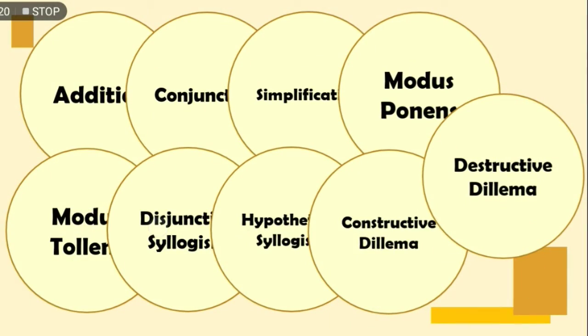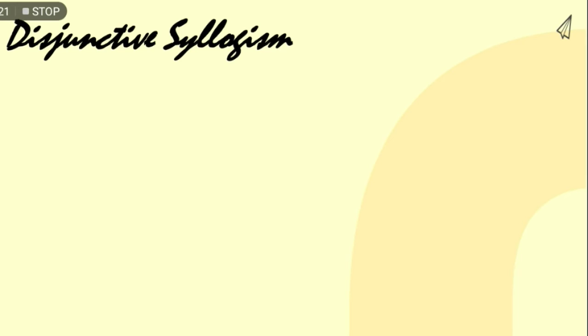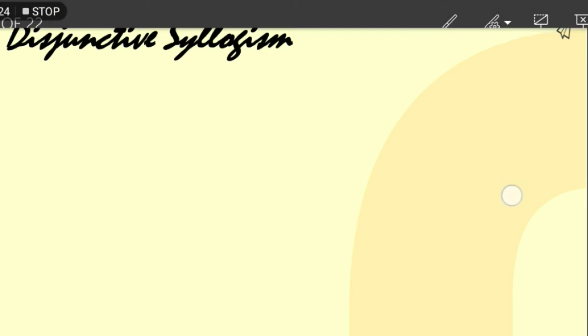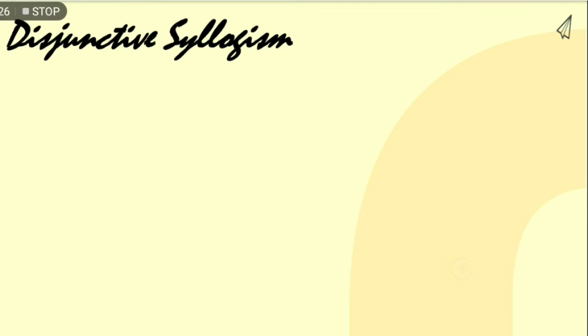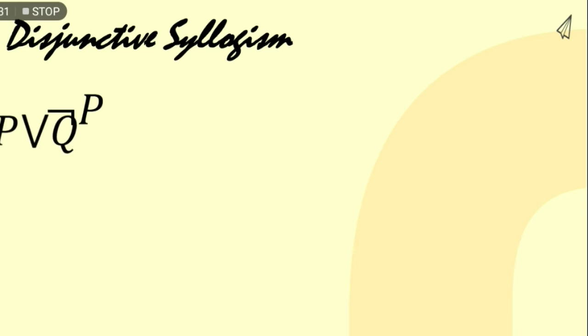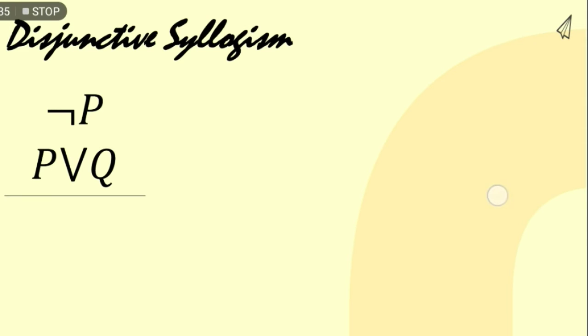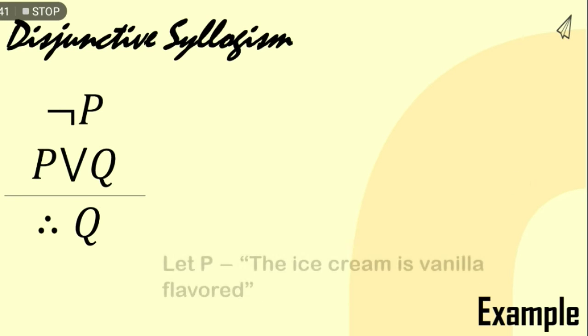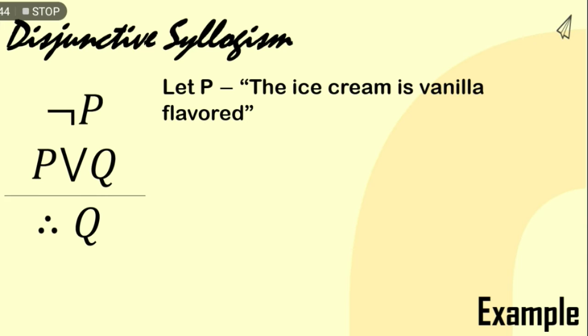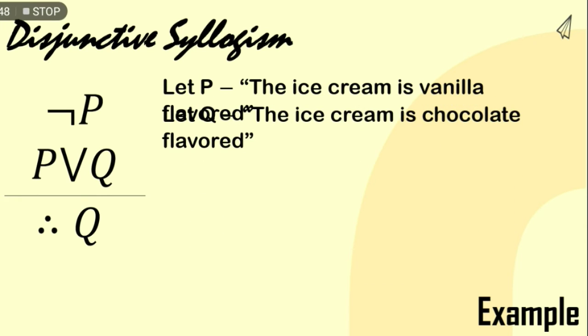Next is the disjunctive syllogism. If negation of P and P or Q are our two premises, we can derive Q with the use of this rule. Say for example, let P be "the ice cream is vanilla flavored" and let Q be "the ice cream is chocolate flavored."